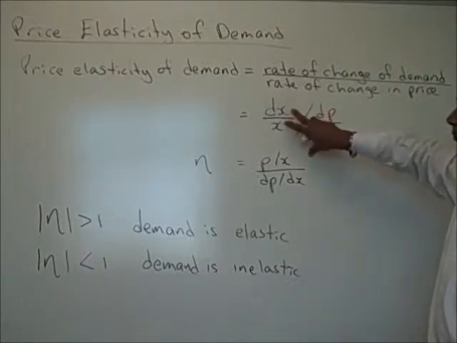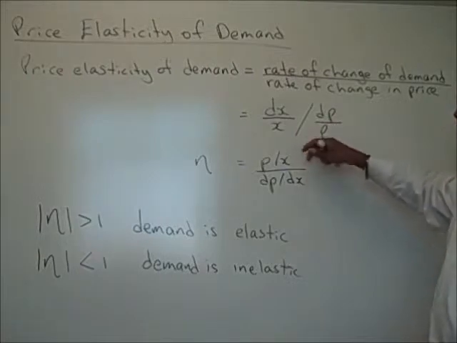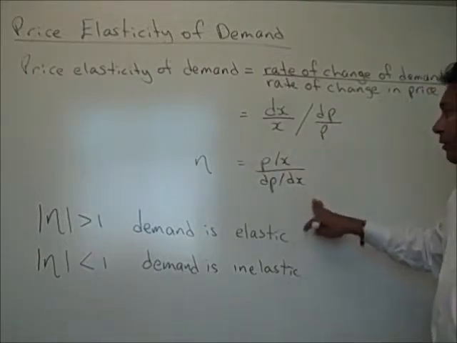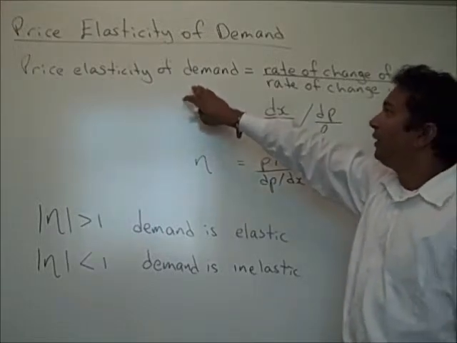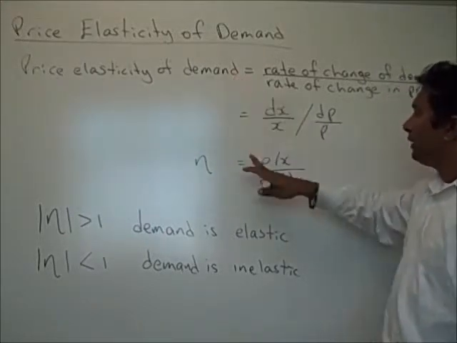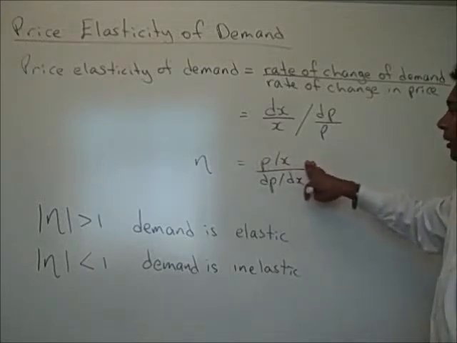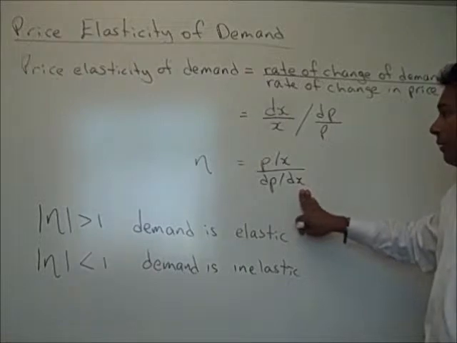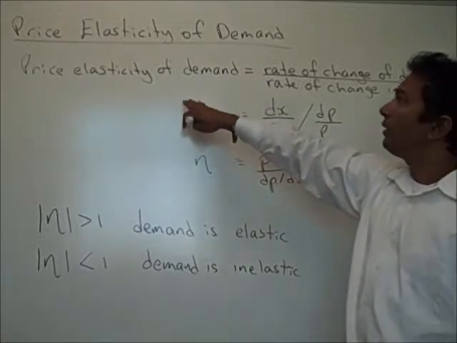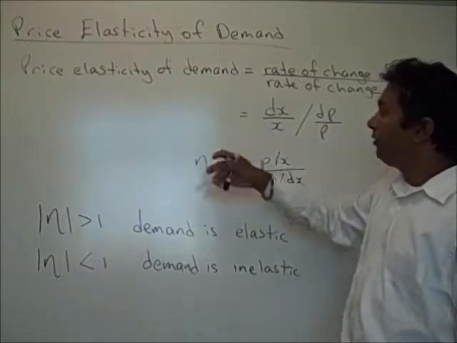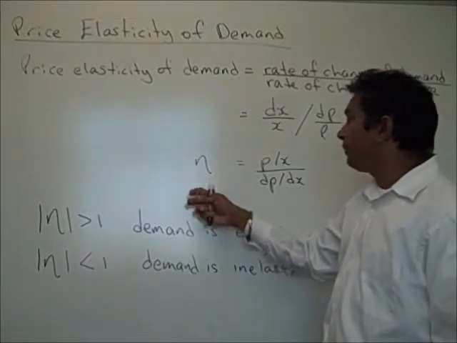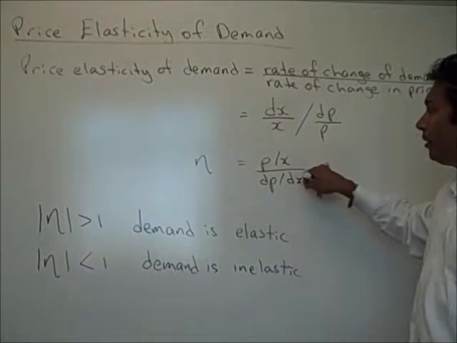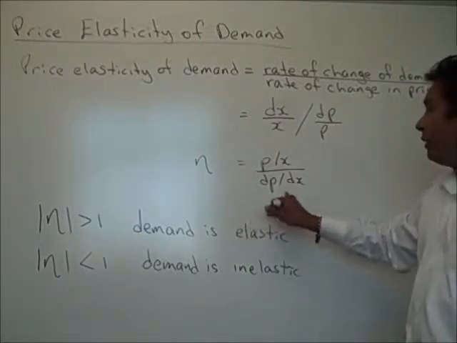Now, by manipulating this, we get p divided by x all over dp by dx. So our price elasticity of demand simply becomes p divided by x all over dp by dx. This price elasticity of demand is abbreviated with the Greek letter eta. So eta is equal to p divided by x all over dp by dx.